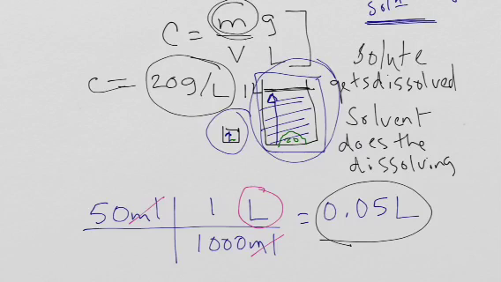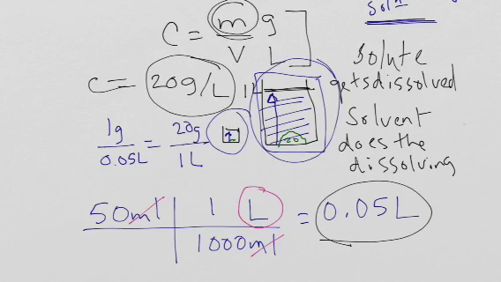Another way of looking at this is comparing the different ratios here. We've got our concentration for both of them: 1 gram over 0.05 liters is equal to 20 grams over 1 liter. They're the exact same.